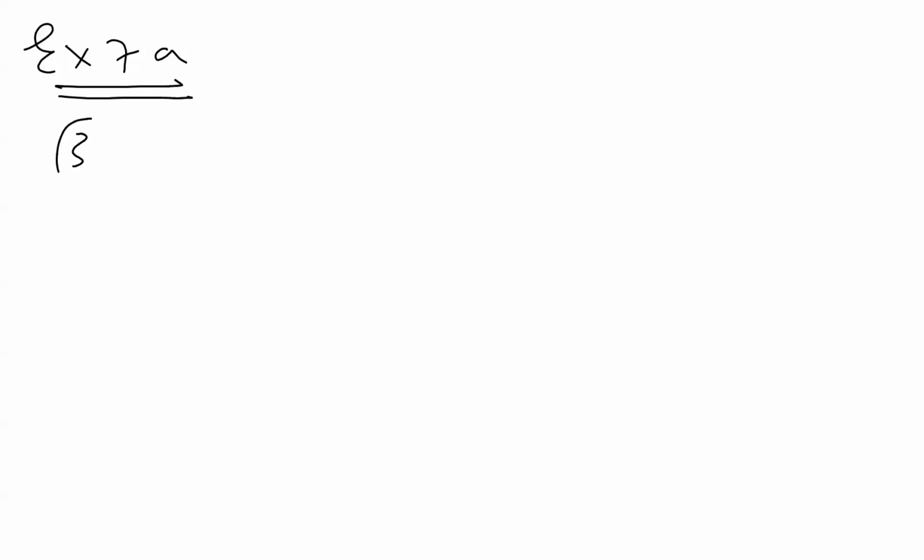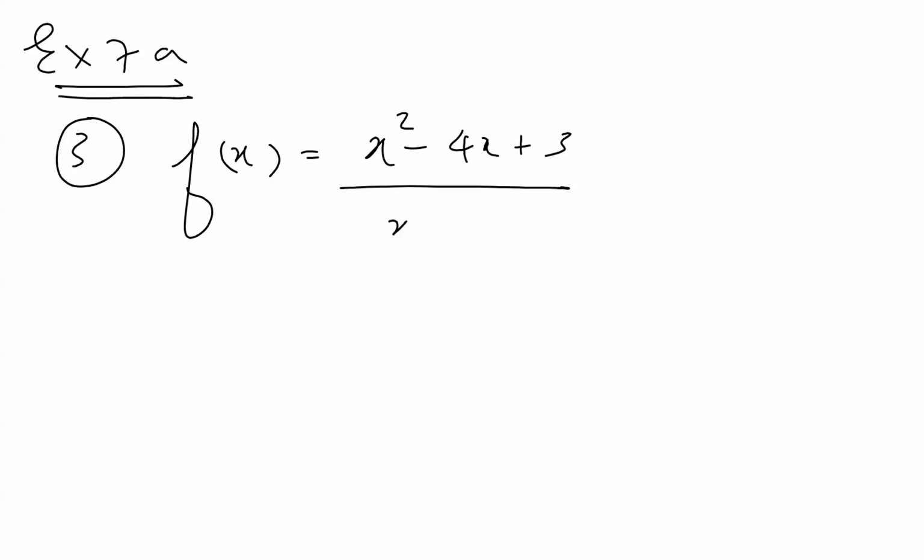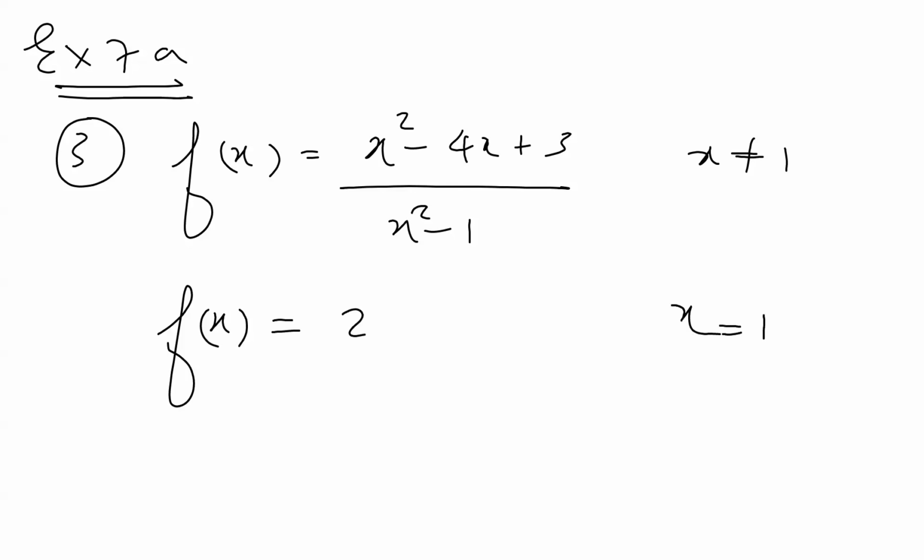Let's go to question number three. f of x is equal to (x square minus 4x plus 3) upon (x square minus 1) for x not equal to 1, and f of x equals 2 when x is equal to 1.